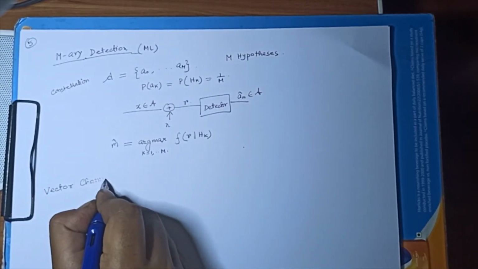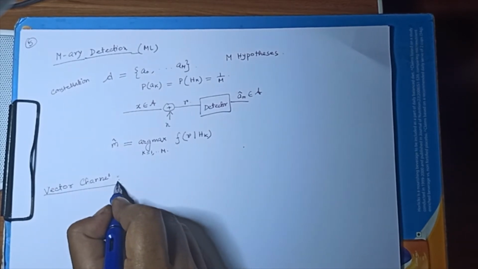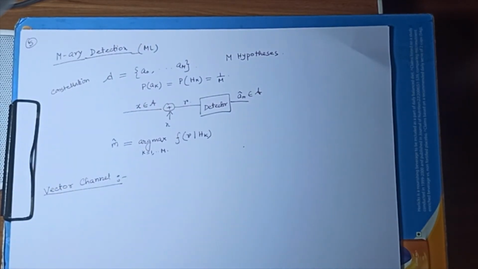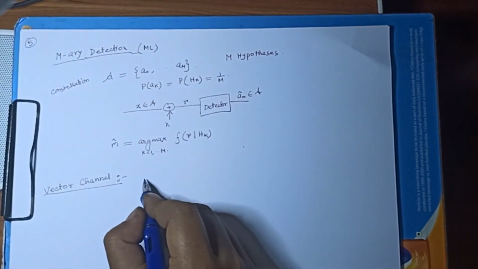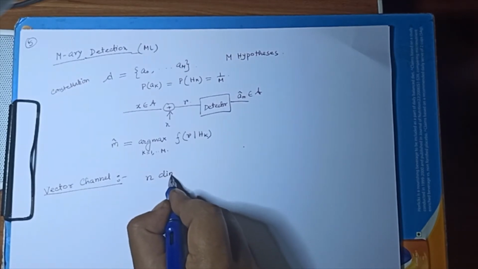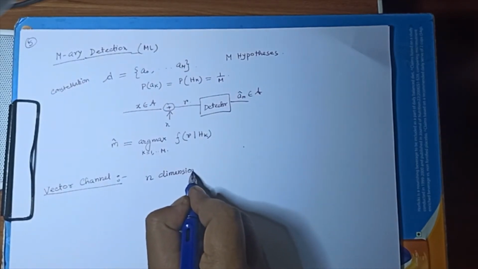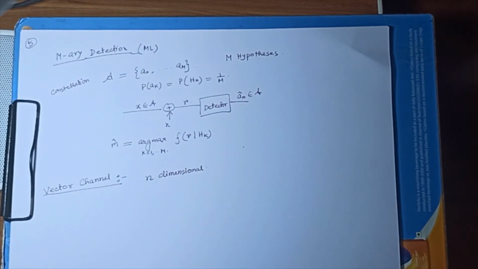And in the generic M-ary scheme, assume it is N dimensional. N dimensional can be visualized in different ways: you are taking N symbols from a PAM-like modulation scheme, or you can take N by 2 symbols from a QAM modulation scheme, etc. However, the signal is N dimensional.